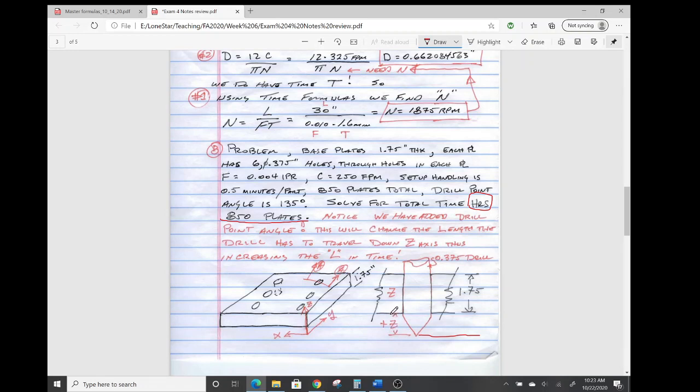Now, for the sake of this exam and in this class, we're going to use the exact Z calculated length. But in the real world, I would suggest you add a good 5 thousandths to this. That's what I do. That way, and you have to make sure your clearance, so you're not pecking your table or your vise.